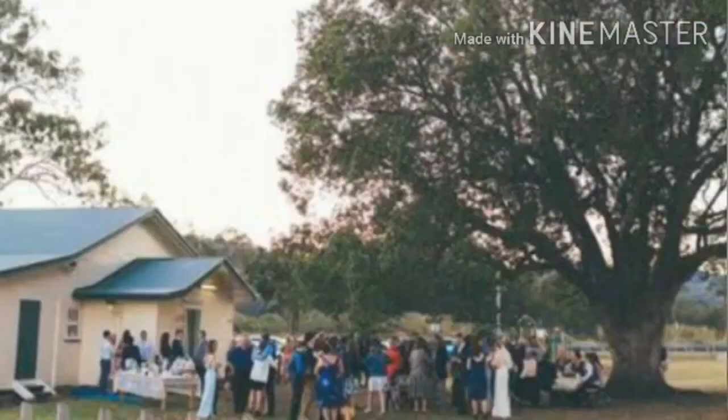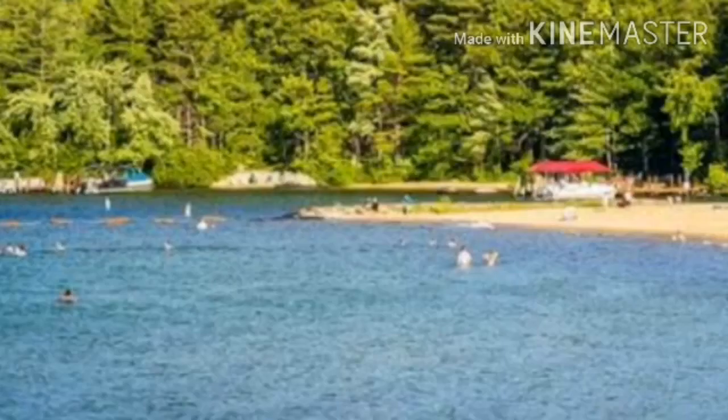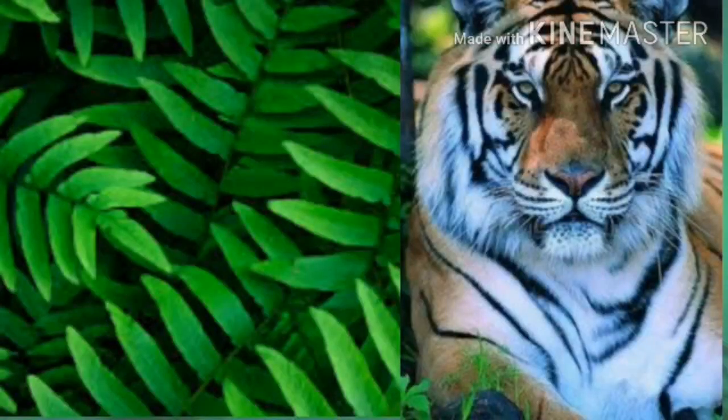We all know our earth is very big and it has different areas like forest, plain land, water, desert, seacoast, etc. Wherever we go, we find types of plants and animals.